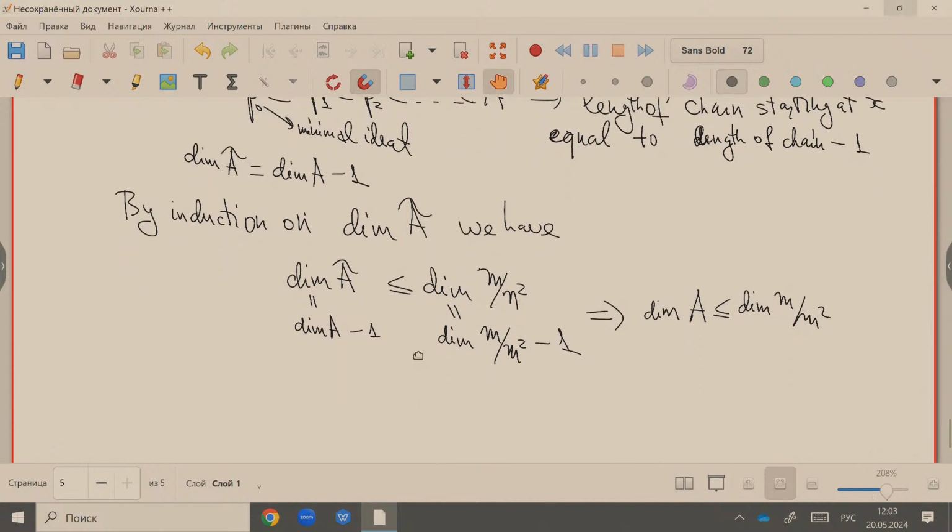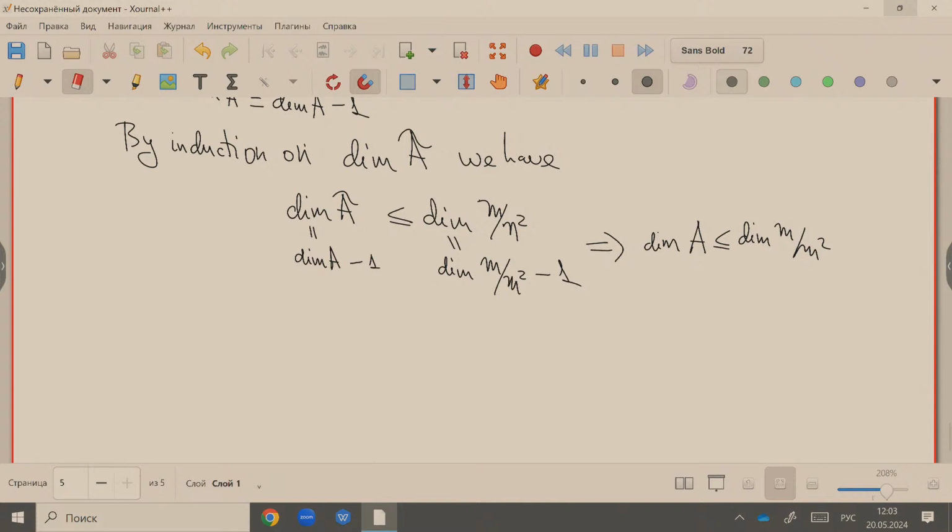And also we have to prove that... we have proved the inequality. This means actually that regular local rings are in some sense extremal with this property, where the inequality becomes equality.